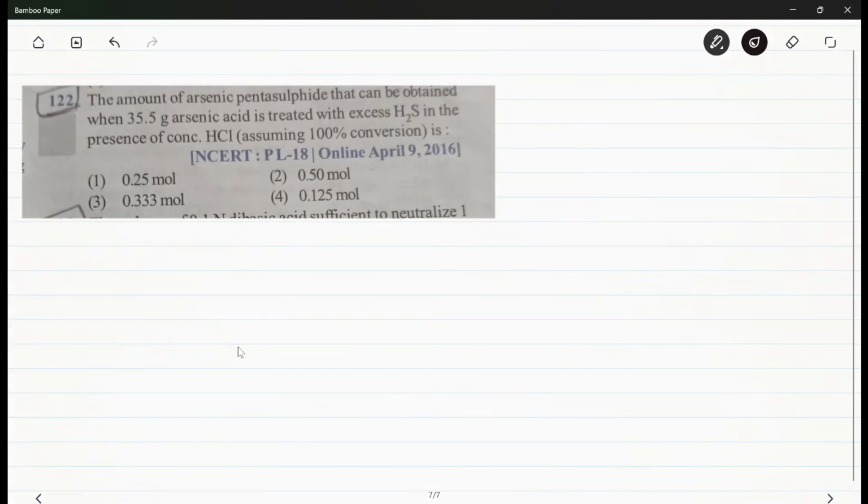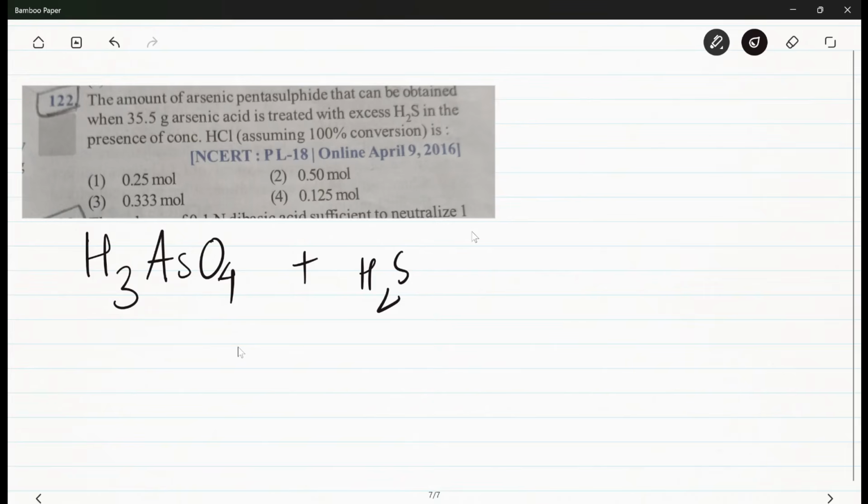Amount of arsenic pentasulfide that can be obtained when arsenic acid, H3AsO4, is treated with excess H2S in presence of concentrated HCl. Arsenic acid formula we got tested, na? Did you check the reaction from the backside?